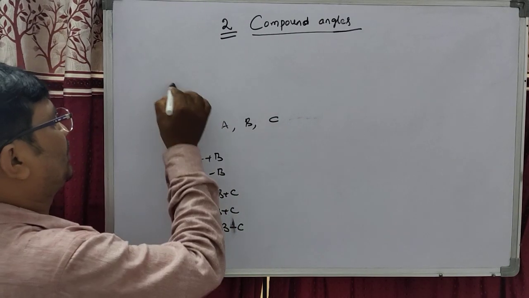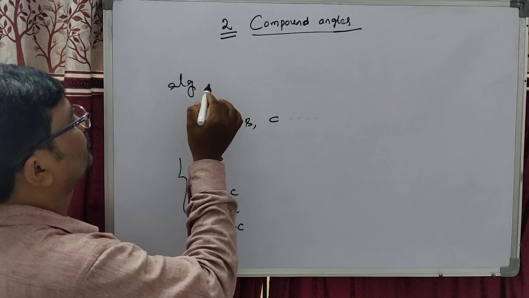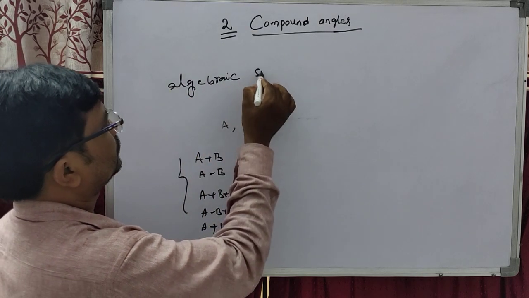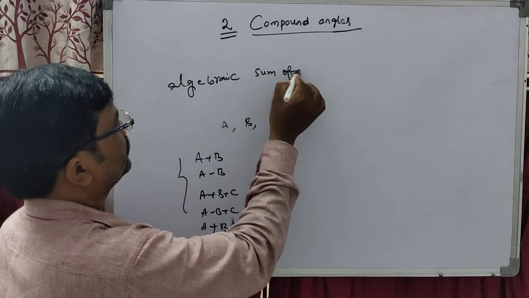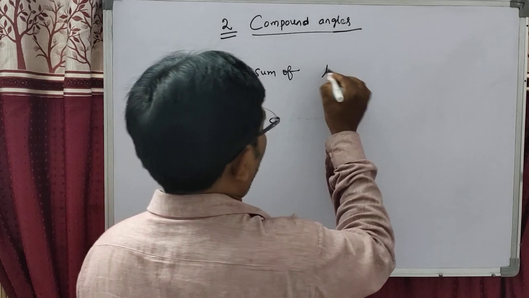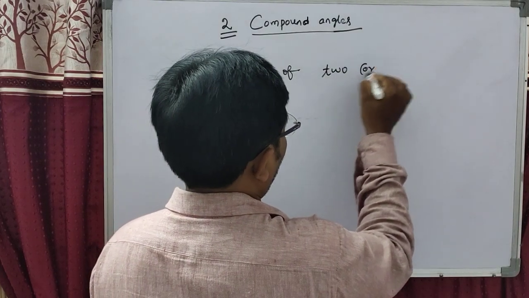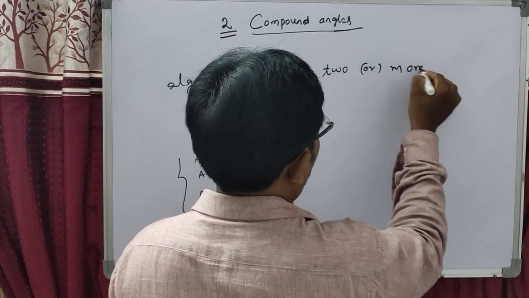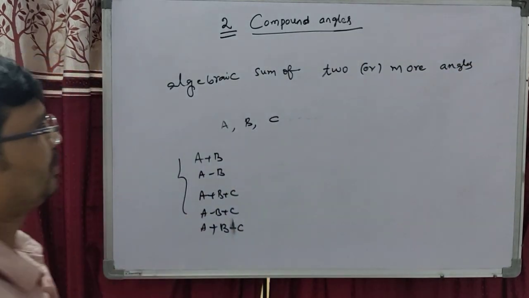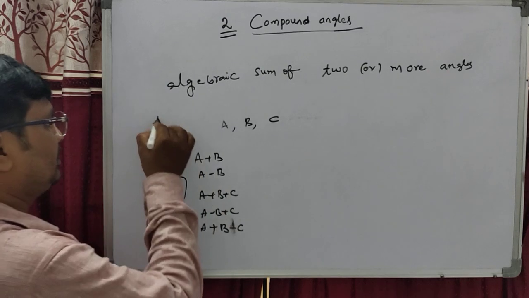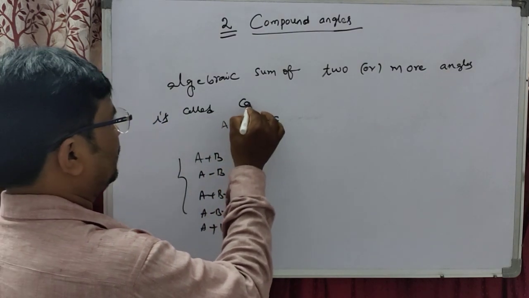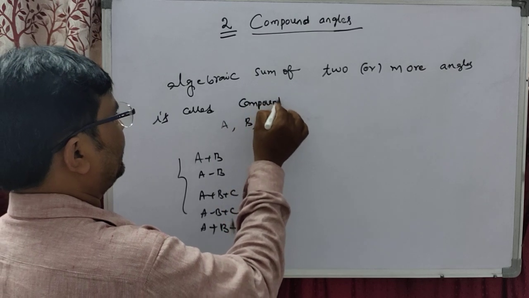The algebraic sum of two or more angles is called the compound angles.